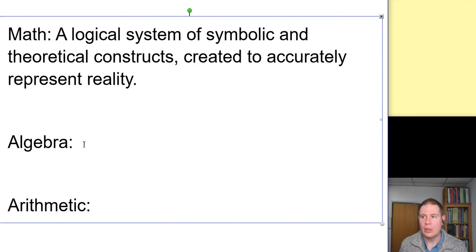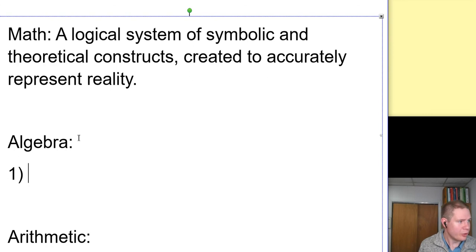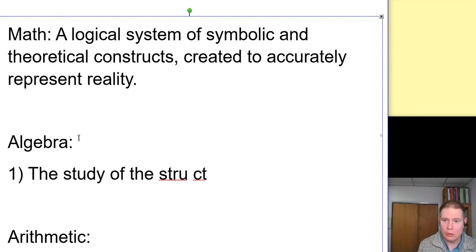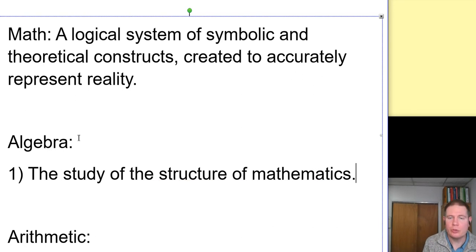And algebra is actually several things. So algebra is most classically the study of the structure of mathematics. If you go to an actual mathematician who's got their PhD and they say, oh, I specialized in algebra, this is what they mean, right?